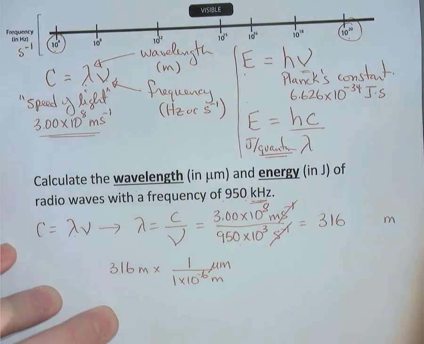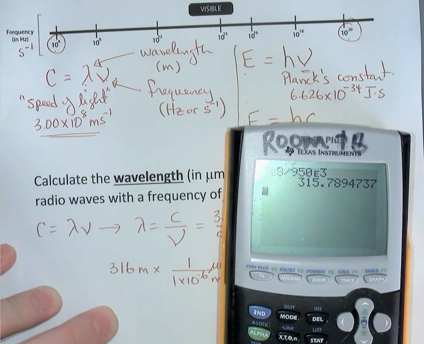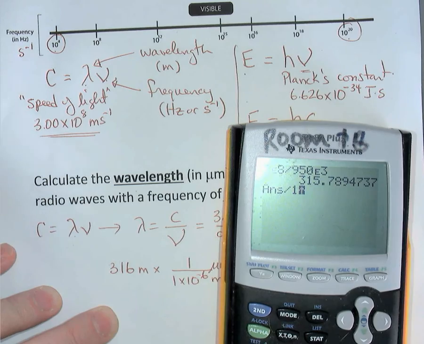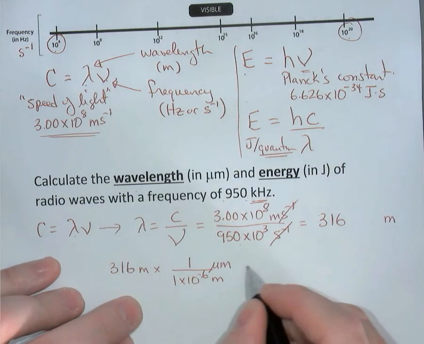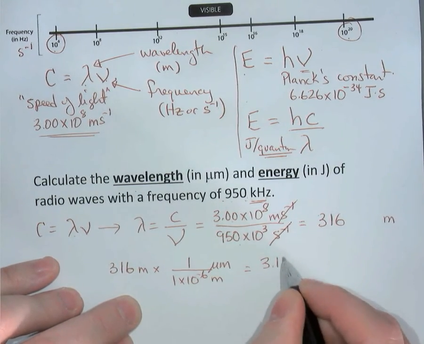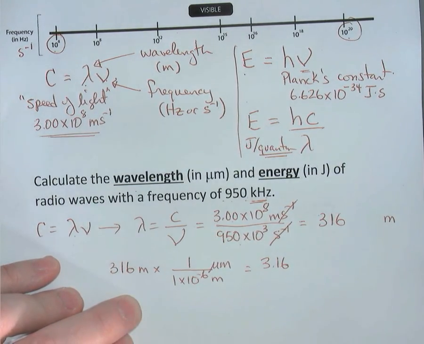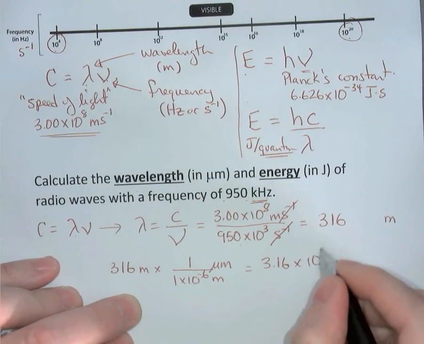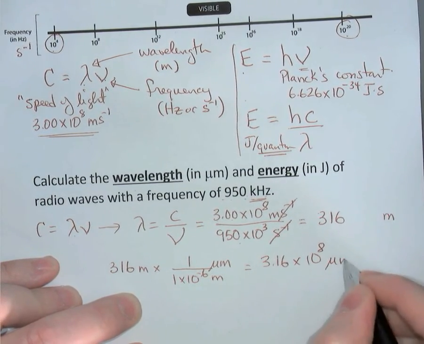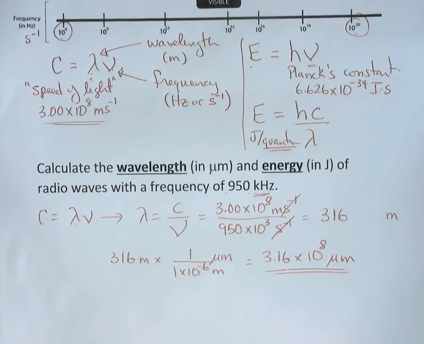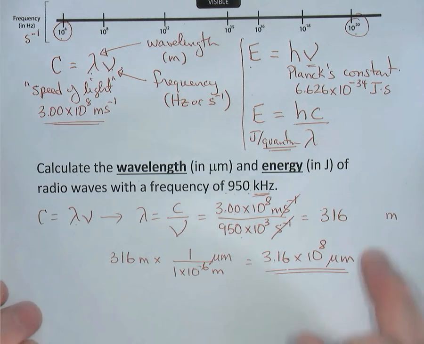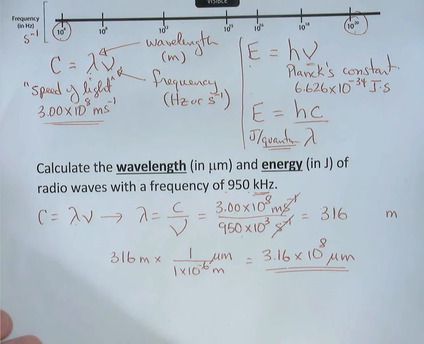So if I take my 316 and divide by 1 times 10 to the minus 6, I get this big, big answer, which I'll switch to scientific notation, 3.16 times 10 to the 8 micrometers. All right, so there's the wavelength calculated in meters and micrometers.